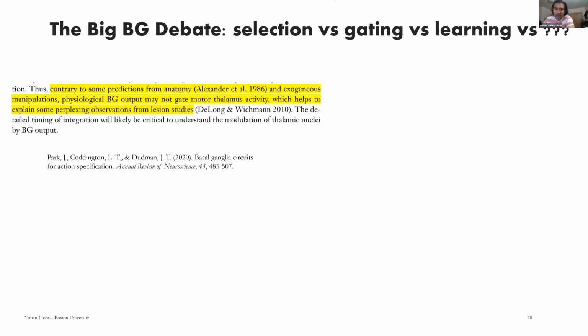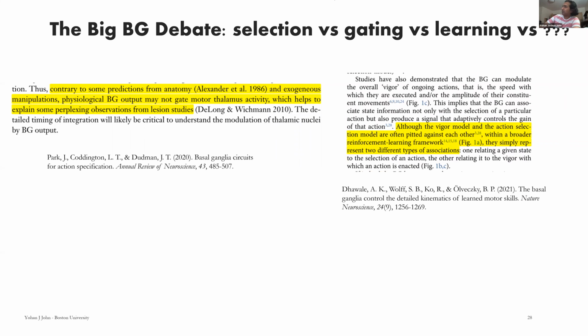And the task, since some of us are interested in revisiting broad corticothalamic modeling, is to settle on a working hypothesis for what the basal ganglia is doing. How different will it be from what is in these models? So I came across this from Annual Reviews, saying that contrary to some predictions, the classic picture, basal ganglia output may not gate motor thalamic activity, which helps to explain some perplexing observations from lesion studies.